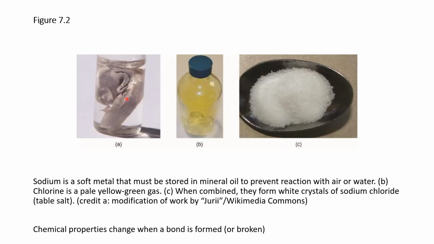Otherwise, it would react with the water vapor in the air and essentially burn, kind of. And again, we'll see a similar demonstration with potassium and water. And then with chlorine, you can see this yellow vapor. It's going to be a highly toxic gas. So with both of these substances individually, they would be really, really nasty substances to run into.